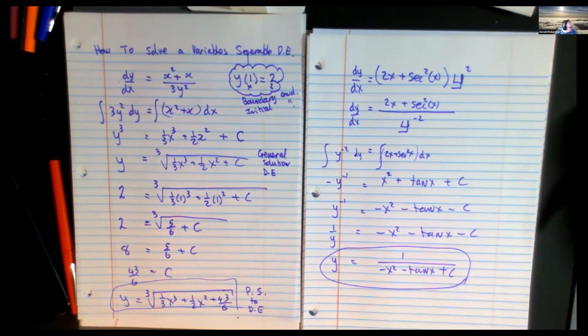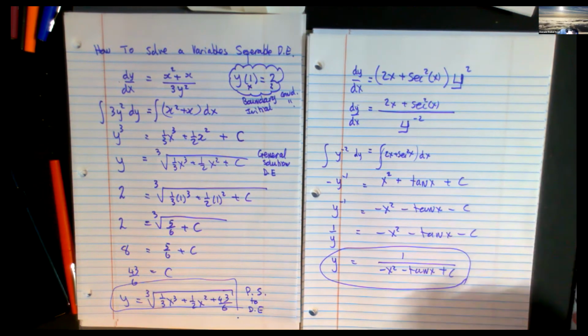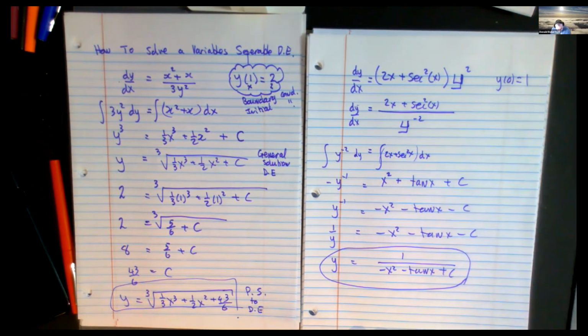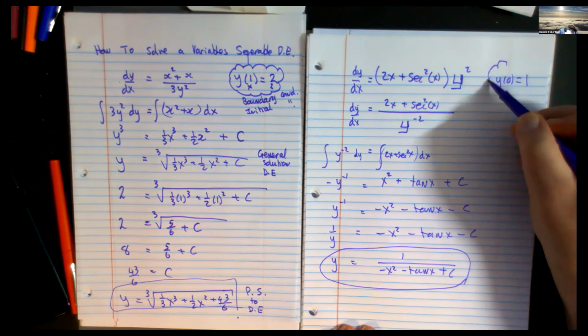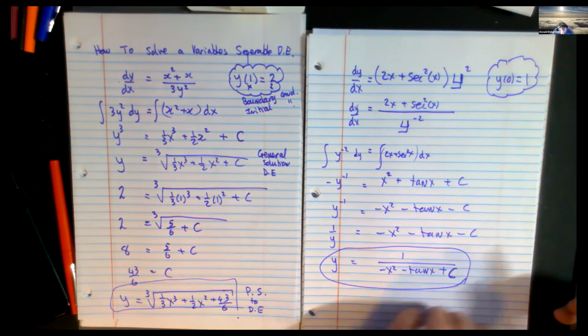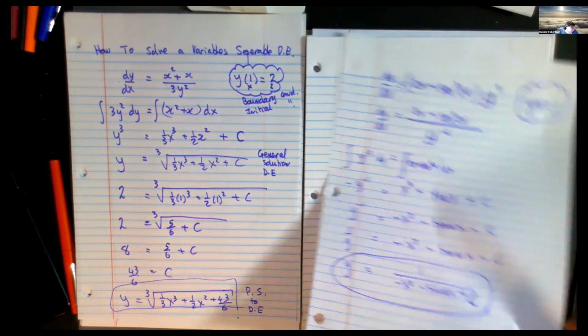Oh, let's do a second part to this one. Let's suppose I tell you that y of 0 equals 1. Now, if you're doing that, won't you now be able to find c? So let's see how that works.